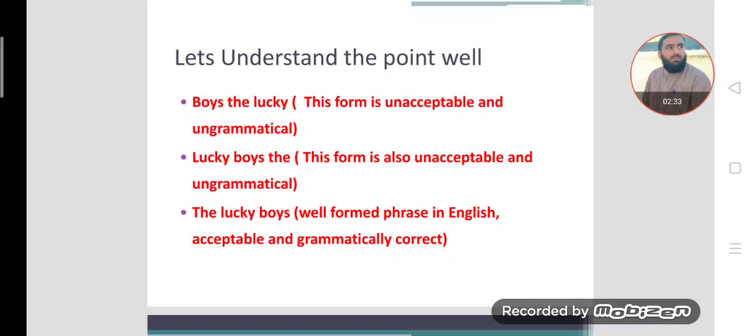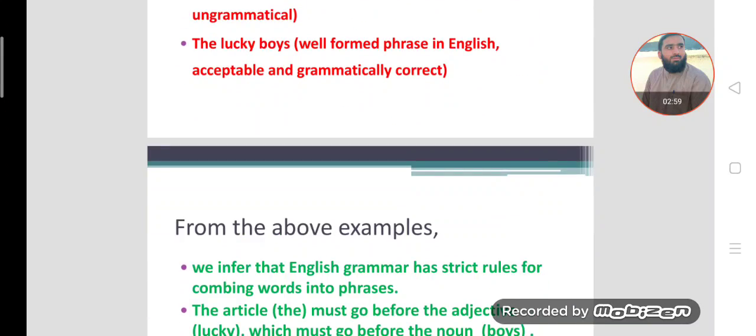Because of the grammar rules. We have finite rules in grammar, and on the basis of these rules we make or join words into infinite, limitless, novel sentences.